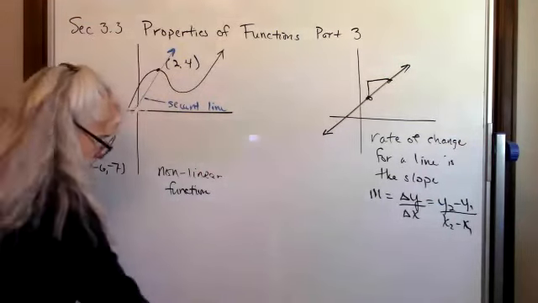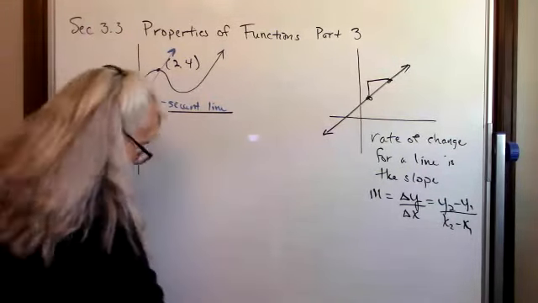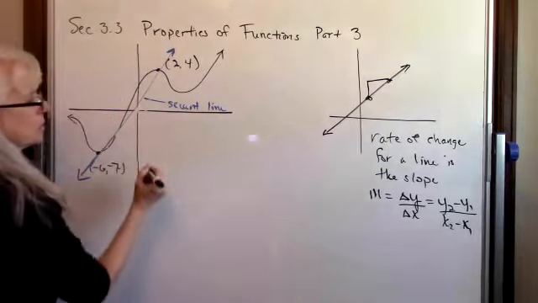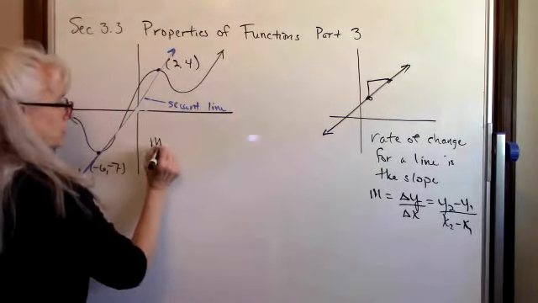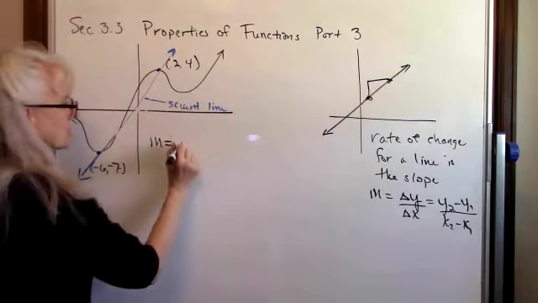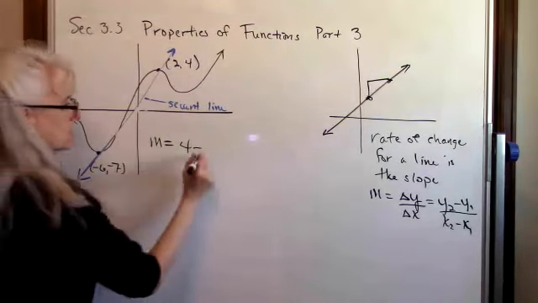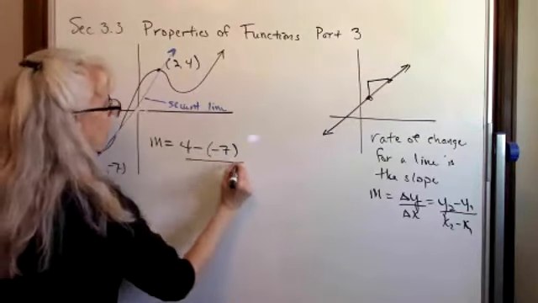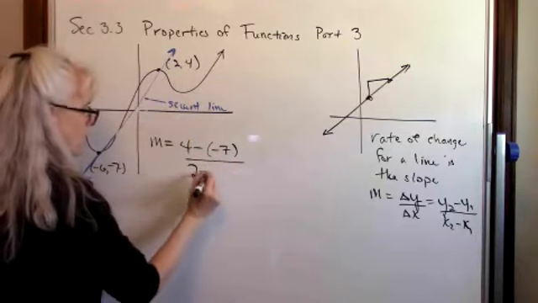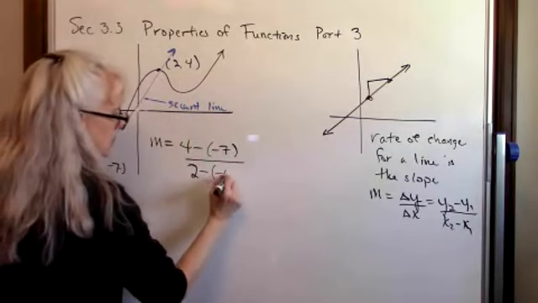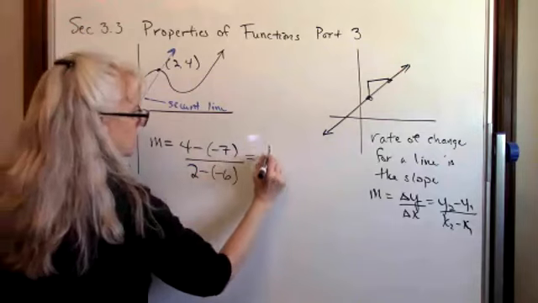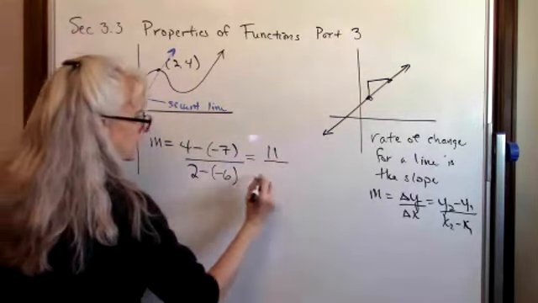So for this particular one, if we want to find the slope of the secant line, we're going to use that formula. So that slope would be y2, which is 4, minus y1, which is -7, all over x2, which is 2, minus x1, which is -6. So 4 minus -7 gives me 11. 2 minus -6 gives me 8.